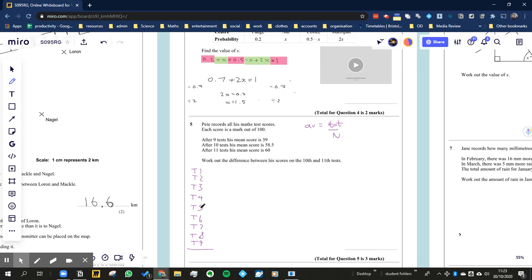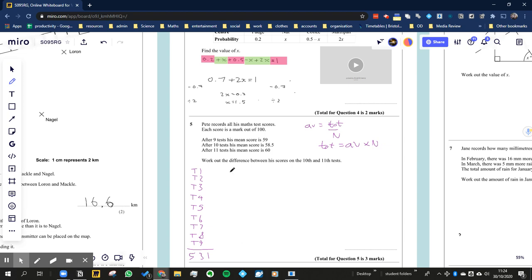So in other words, the total score would be equal to the average score multiplied by N. So we know that the total score is 59 multiplied by 9, so 531.